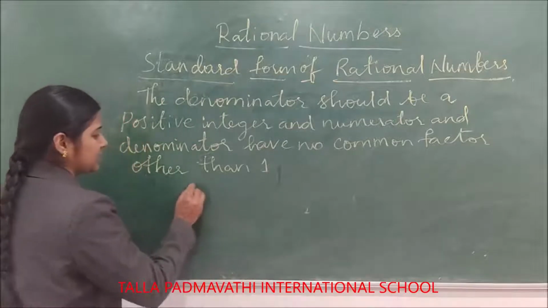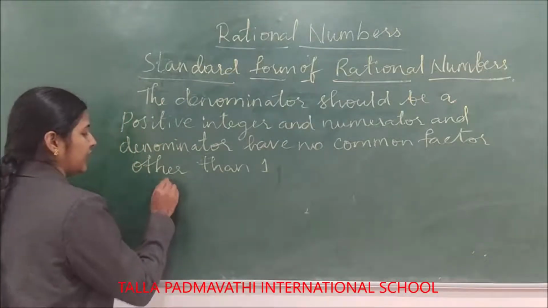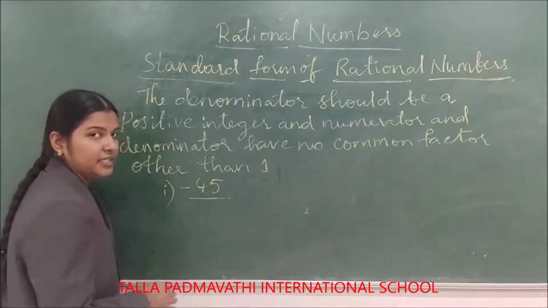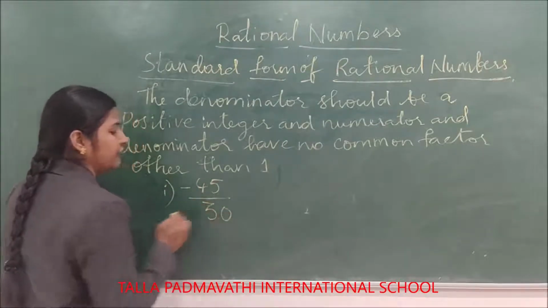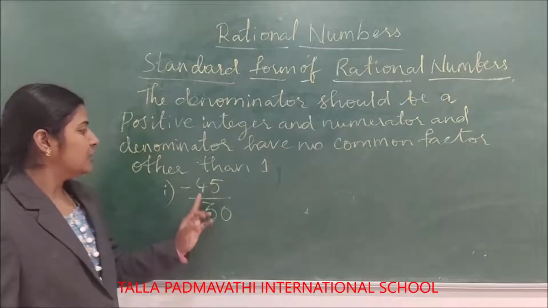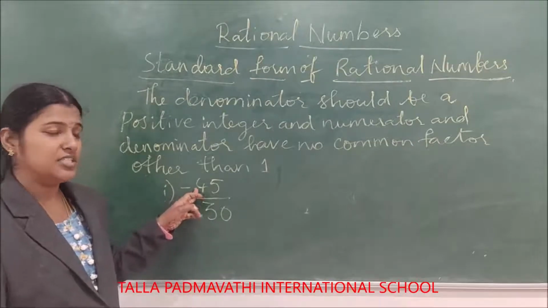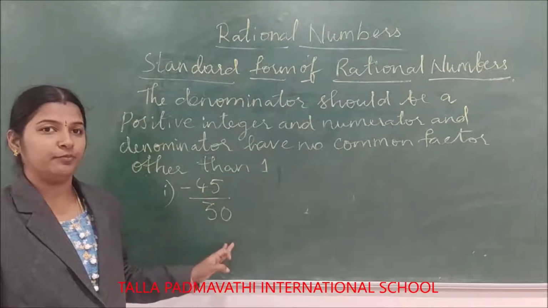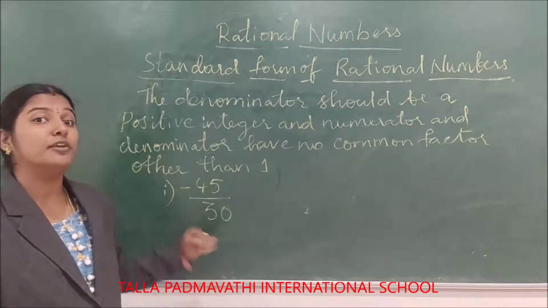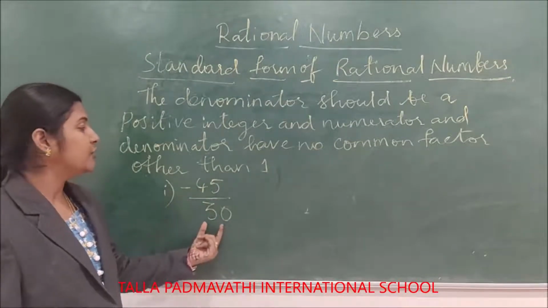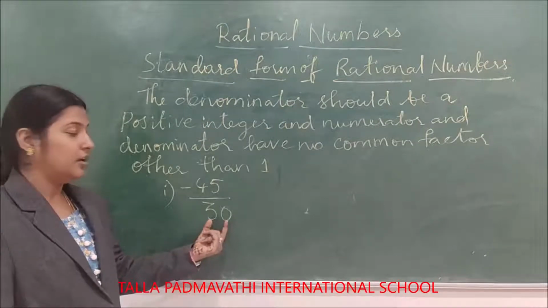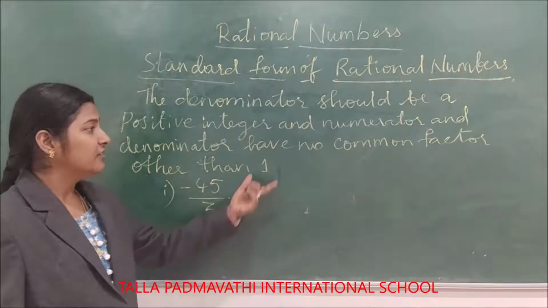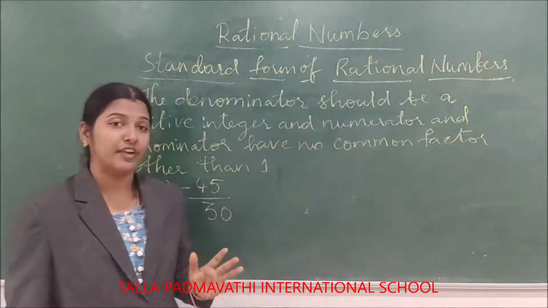So children, let us take here a number that is minus 45 by 30. Now, if you see here, 45 and 30, both numbers are divisible by 5. That means they have common factors. Now you need to reduce it to rational numbers such that there should be no common factor.